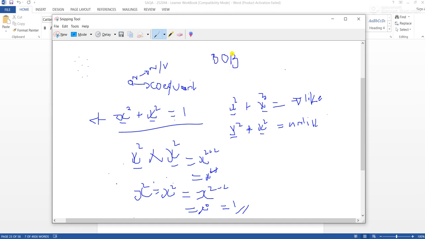I think you are familiar with BODMAS. We use that when we're given complex functions. So this simply means brackets, order, division, multiplication, addition, and subtraction.